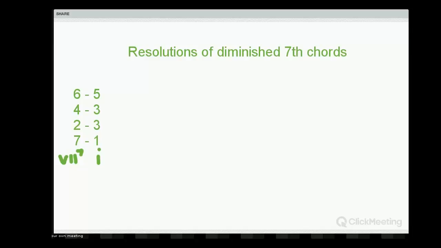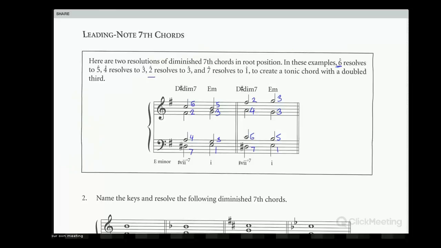Now I will give you a little hint: when it comes to diminished seventh chords, if you follow this number pattern, you will always end up with a proper resolution of this diminished seventh chord. Right? Always. That's why this number pattern is so important. Take time to memorize this pattern, and also recognize when you encounter a diminished seventh chord.